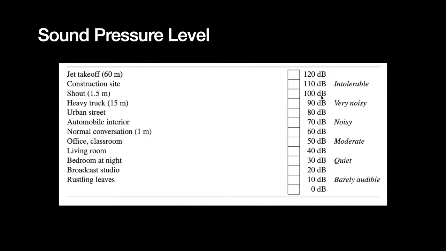These are all intolerable. You will find that all construction site workers, or those working at the airport, use noise cancellation headphones or special earphones which block the noise. Very noisy are heavy truck, urban street, automobile interior.